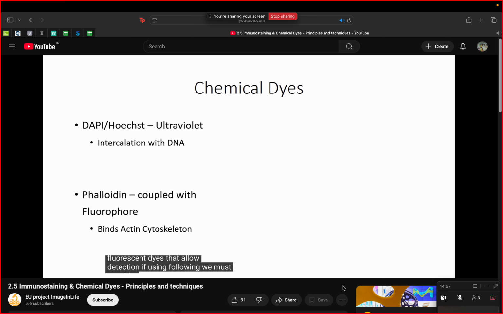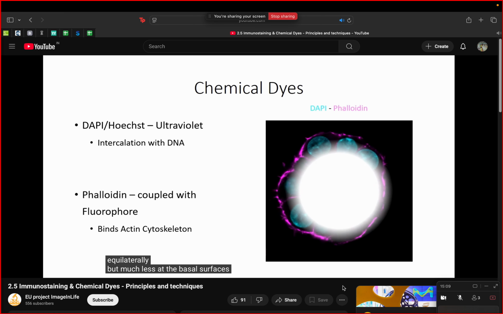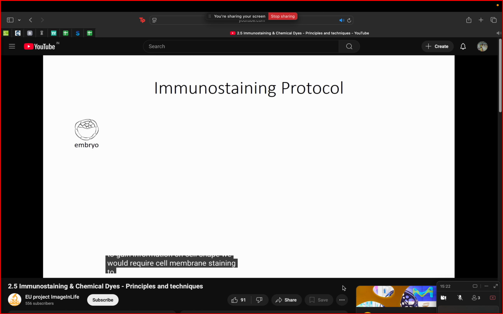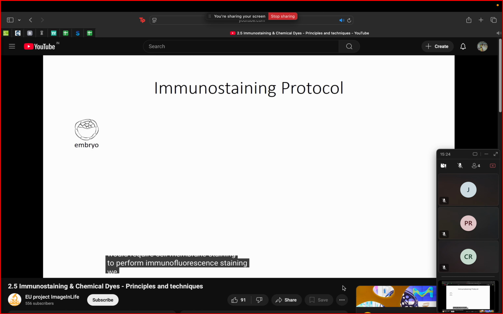If using phalloidin, we must consider that it provides us with some information on the cell shape, but it is not equal to the cell shape, as it localizes predominantly apicolaterally, but much less at the basal surfaces. The apical surface here is towards the middle, and the basal surface towards the outside of the structure. To gain information on cell shape, we would require cell membrane staining. To perform immunofluorescence staining, we can use the following protocol.